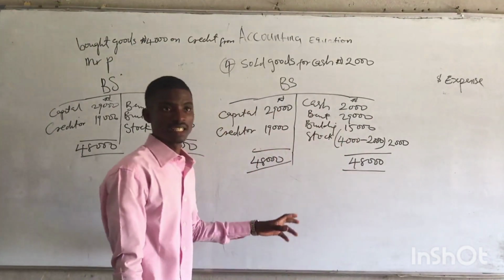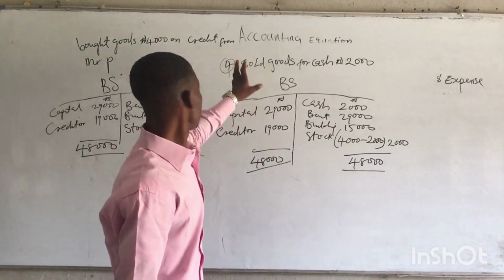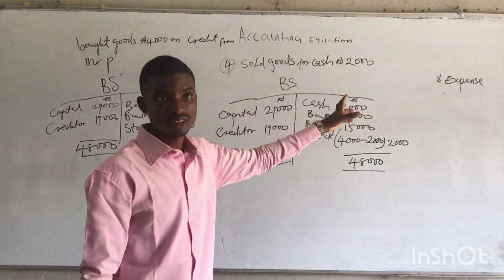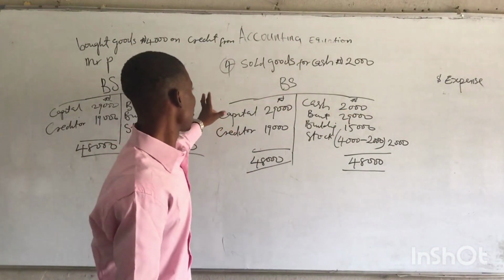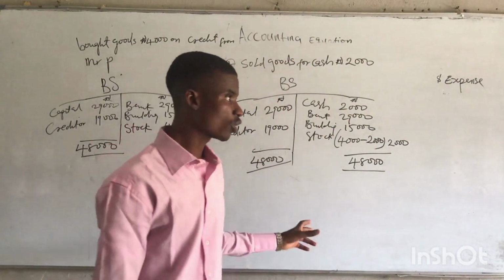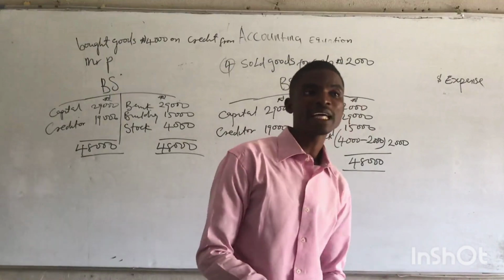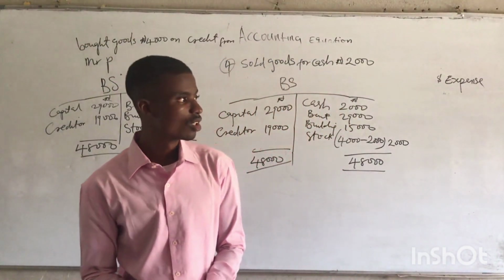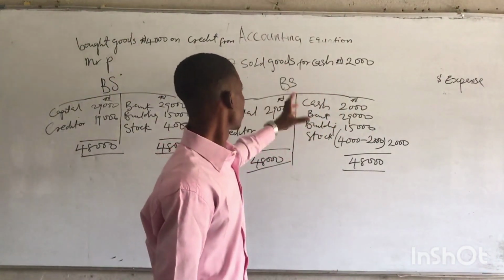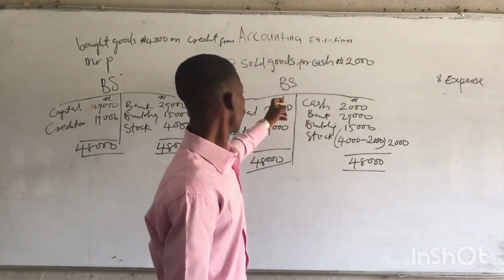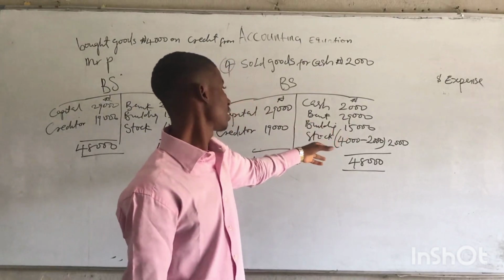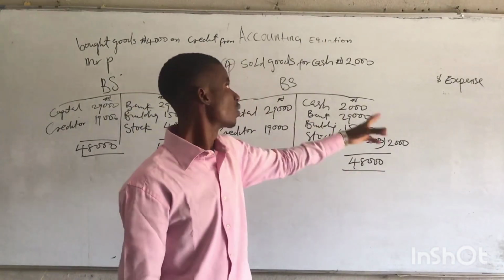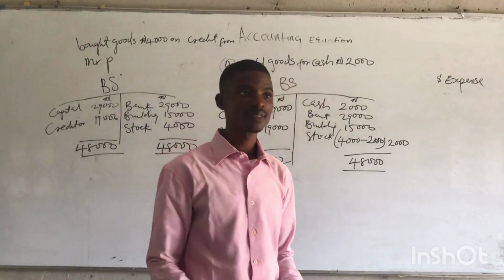This is the main principle of the accounting equation: at every point in time, the value of the assets should always be equal to the value of capital and liability. This is how to make entries into the statement of financial position with the knowledge of the accounting equation.